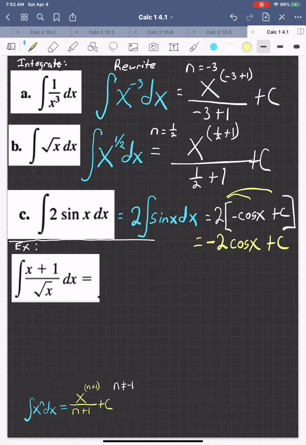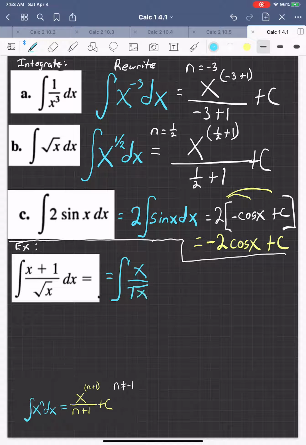Now, for this next example, let's take a look at it. We want to integrate x plus 1 over the square root of x. And again, I have two calculus students, and one of them is working so hard to integrate this, and the other one just noticed, wait a minute, I can rewrite this as x over the square root of x plus 1 over the square root of x.